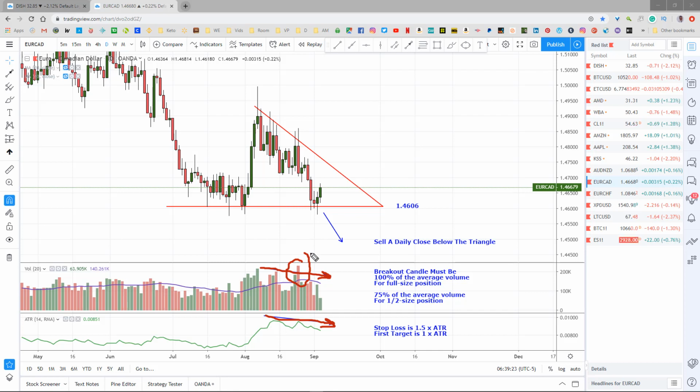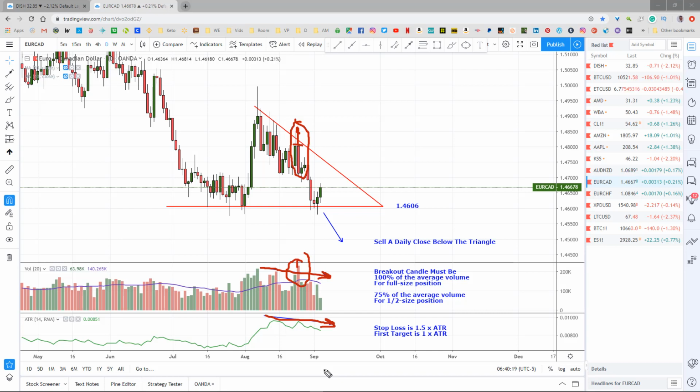Remember that these are not always pretty and symmetrical. There will always be anomalies due to random world events or some talking head running his mouth and scaring traders into doing something. So this volume spike happened on this push up right here, and much of that volume was stopping this move to the upside and pushing it back down inside the triangle.